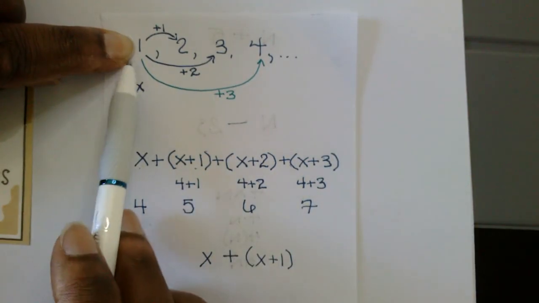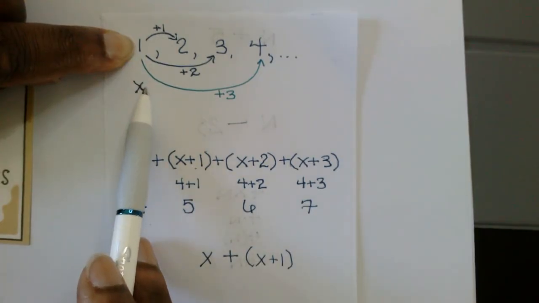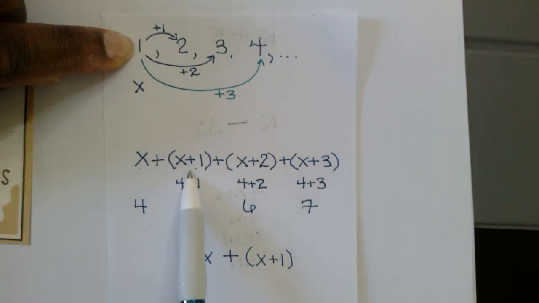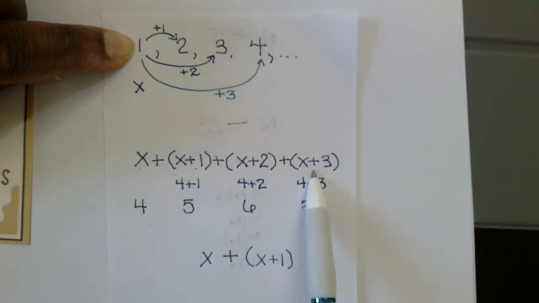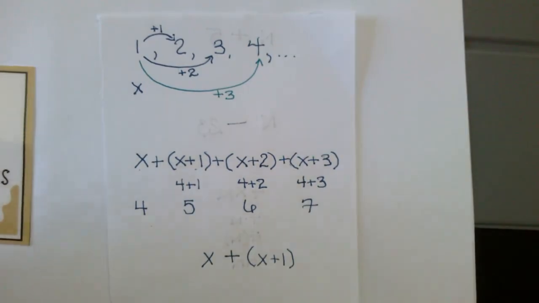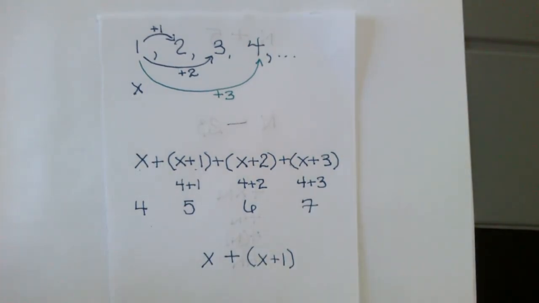So whatever my first number is, x, the second number I'm going to add 1 to, whatever my second number is, I'm going to add 2, then I'm going to add 3. So the pattern is actually increasing. That's what consecutive integers is.